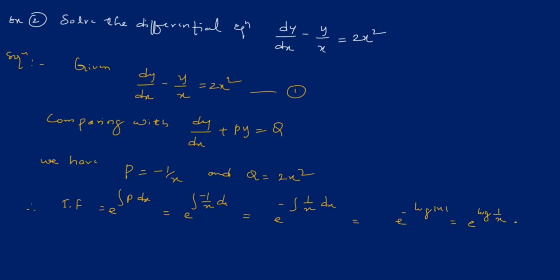Here we get 1 by x only. Just keep in mind, e to the power of log anything, say log x, the e and log cancel and only x remains. Similarly here, e to the power of log 1 by x, we get 1 by x, right?